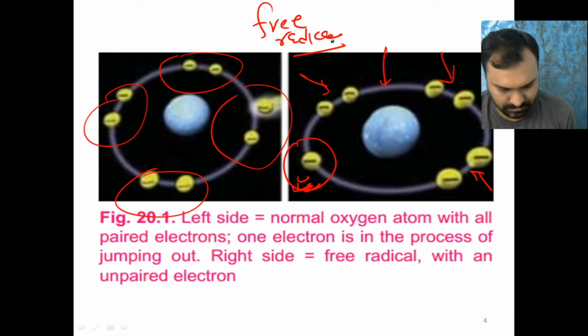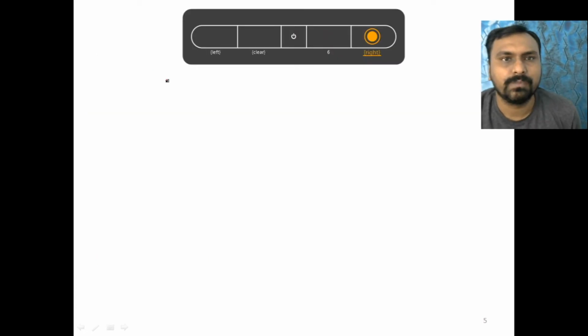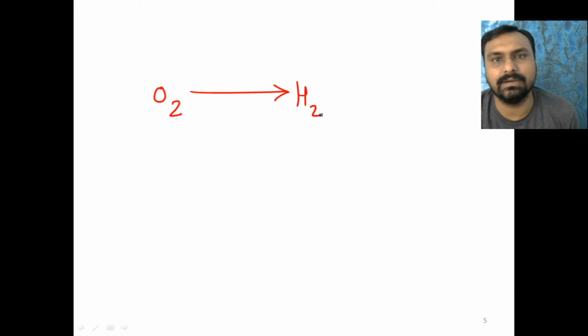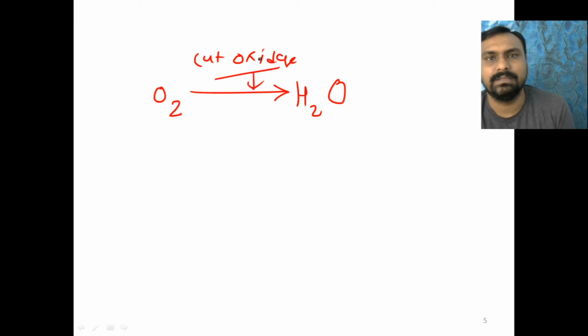Free radical of oxygen. Now, during the electron transport chain, we know oxygen is the ultimate electron acceptor, and it is converted to H2O by cytochrome oxidase. But this is not just one simple step; it occurs in four steps.